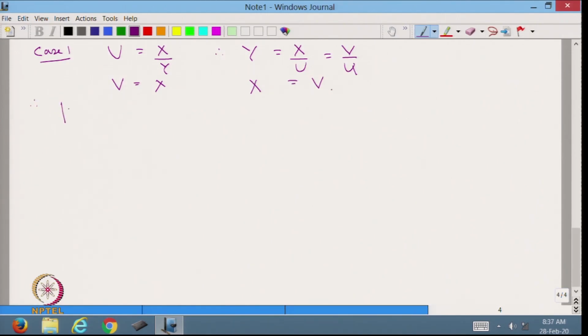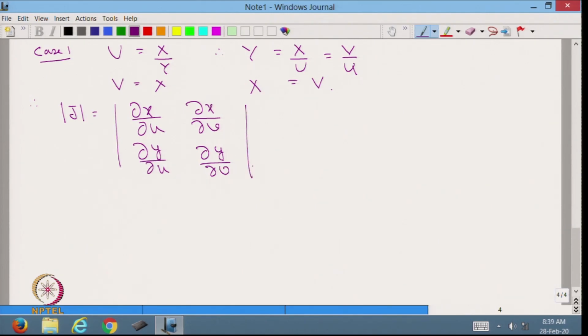Therefore, Jacobian is equal to the determinant of del x del u, del x del v, del y del u, del y del v.